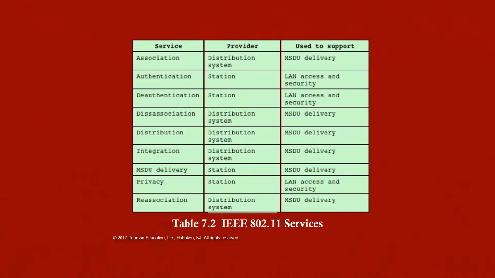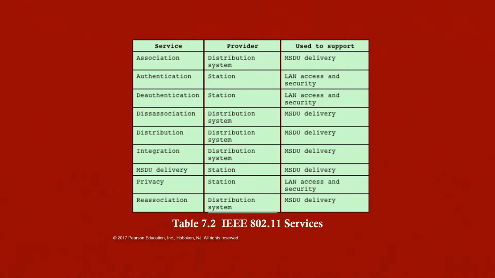IEEE 802.11 services. IEEE 802.11 defines 9 services that need to be provided by the wireless LAN to achieve functionality equivalent to that which is inherent to wired LANs. The table lists the services and indicates 2 ways of categorizing them. 1.